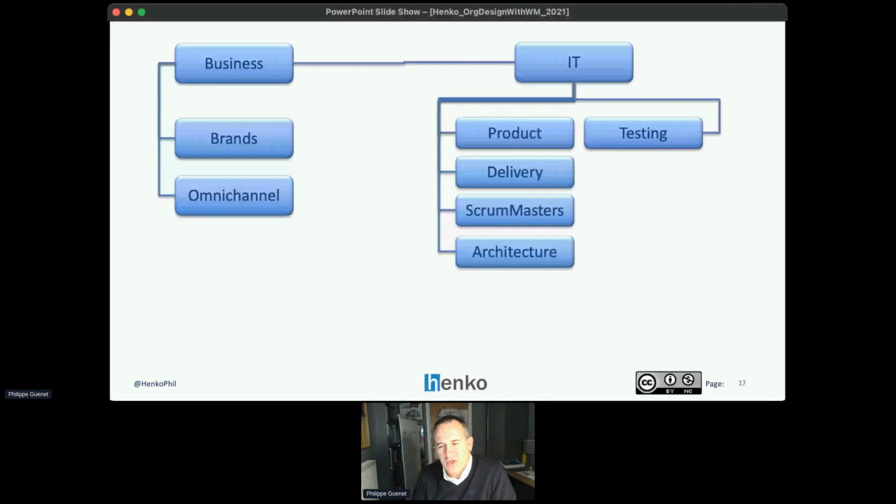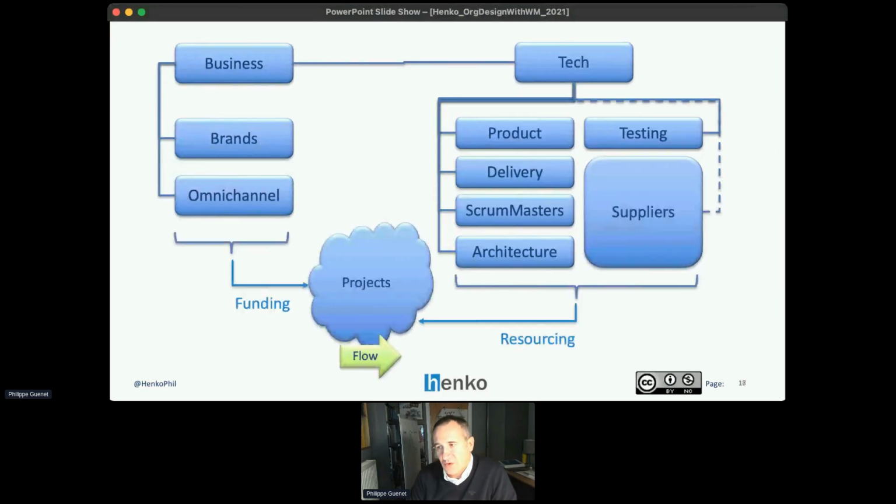So key functions that you will find in the process of software delivery. And of course, what you need to do is reach out to suppliers to do projects, because the business funds projects, funds initiatives, which doesn't warrant having a permanent capacity aligned for that. And you end up having quite a lot of suppliers as a footprint.